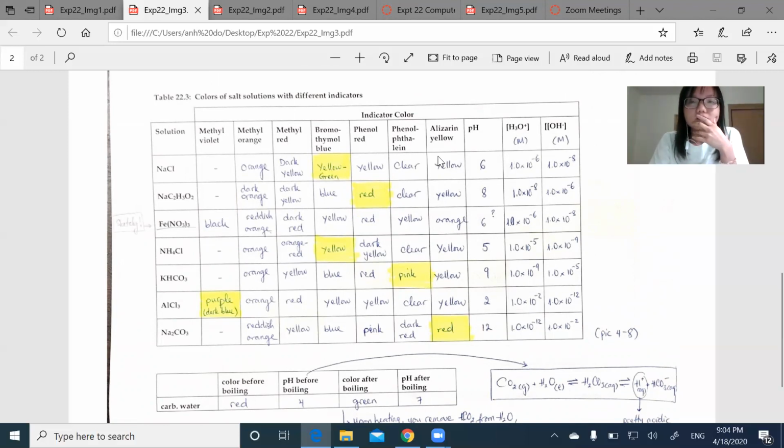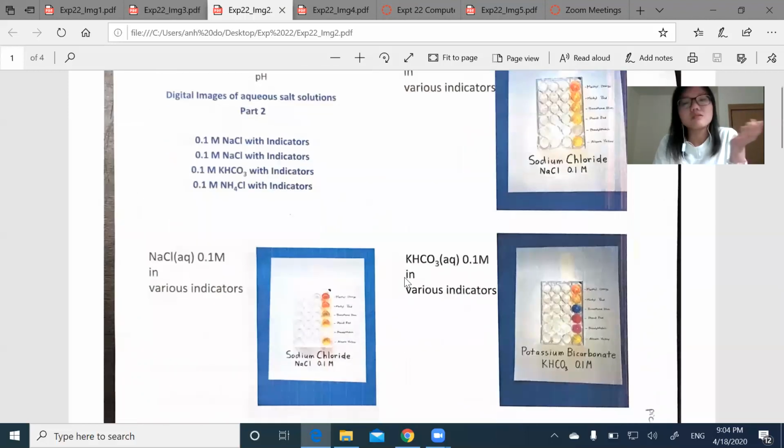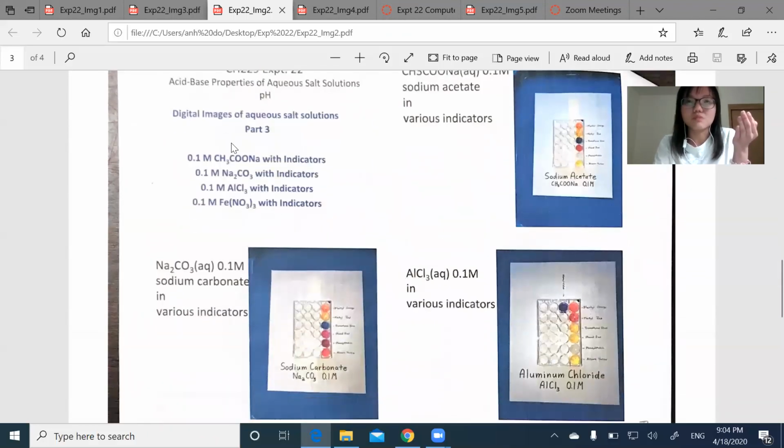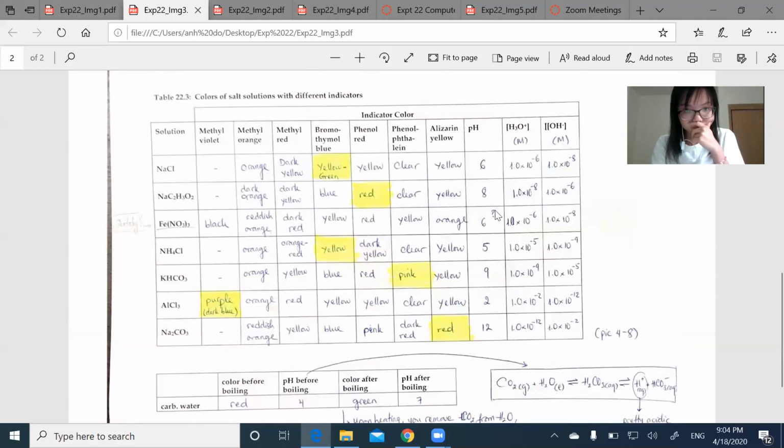All right. So you just have to fill out what color you saw for each of the salts using these pictures that the Stockholm people made for you, and then go back to the range of color and determine what pH you think corresponds to all these colors of the indicators for each of your salts.